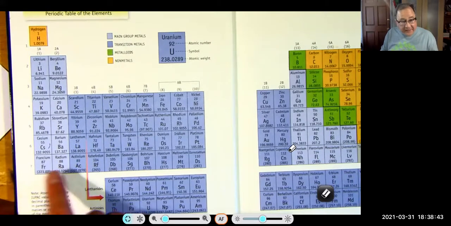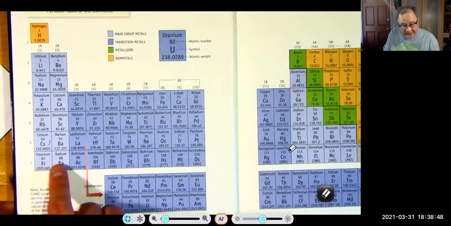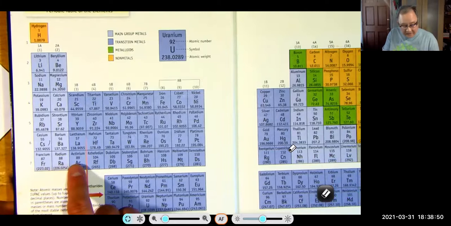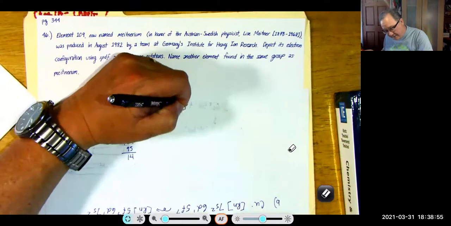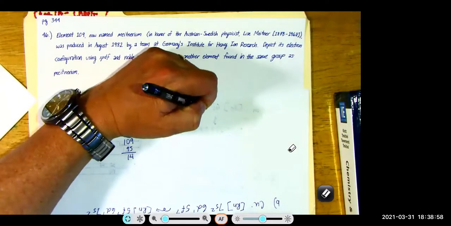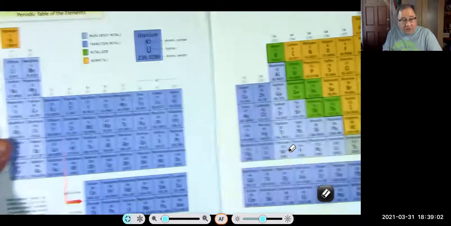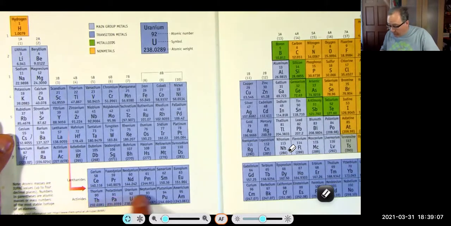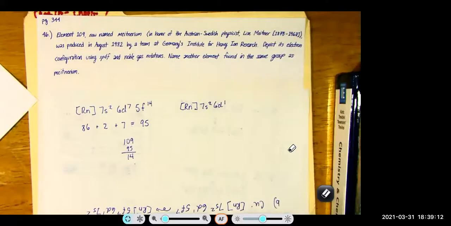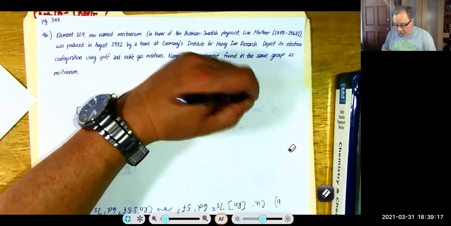And the way you might read this, if you did it in order, would be radon, 7s2, 6d1. And then after your 6d1, you have to jump below and start at 90 and go all the way across and say 5f14. And then another 6d6 because you have 6 more to go through.